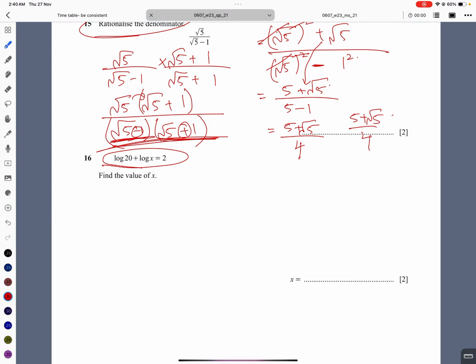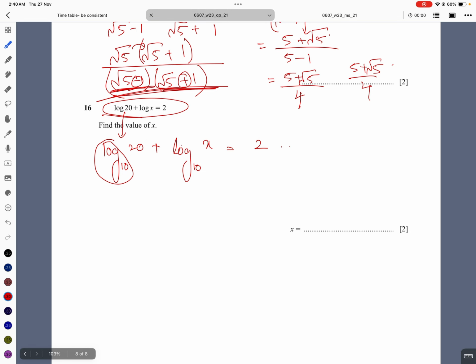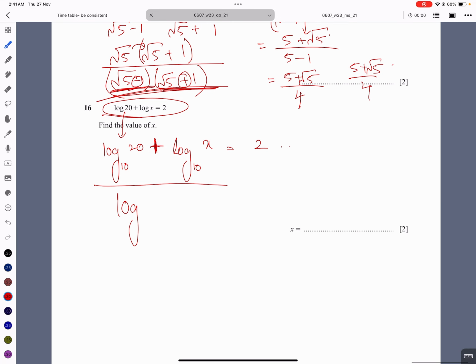Okay, so how you will solve it? Remember that over here the base that is used for log is 10: log of 10 20 plus log of 10 x is equal to 2. When bases are the same and they are adding, this is the rule of log, you can write this whole thing as log of 10 20x.